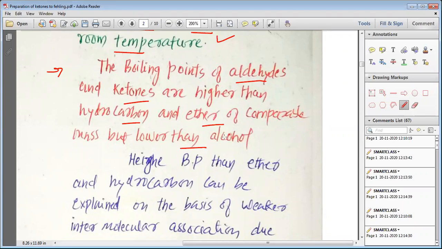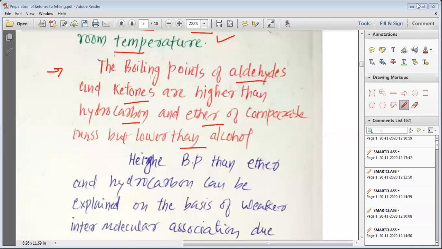Please remember, my dear students, that the boiling points of these compounds are generally higher than the boiling points of ethers as well as hydrocarbons of comparable masses. So this is how we understand the boiling points of these compounds.